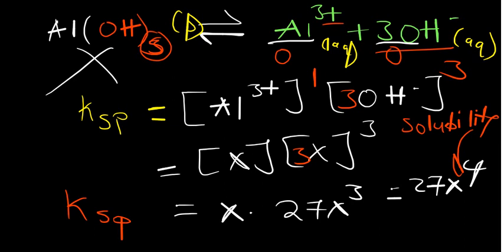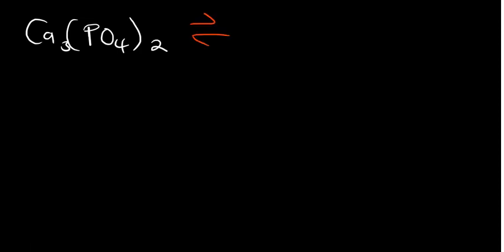Let's look at another solid dissociating. What if we talked about calcium phosphate? What do we expect to have there as our products? How many calcium ions do we have? There are 3, with a charge of 2.